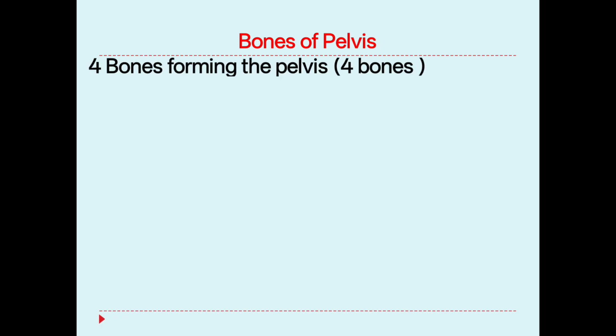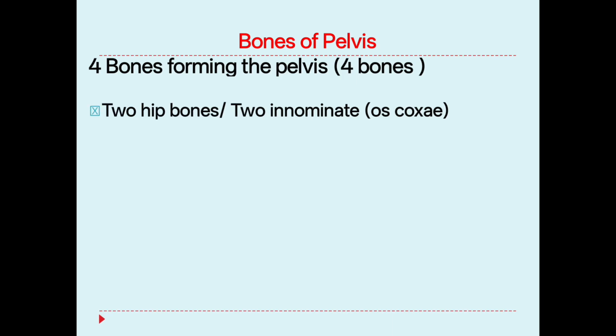Let us move on to the next content, that is bones of the pelvis. Four bones forming the pelvis. First we will learn by words, then we will move on with the picture. Two hip innominate bones are called two hip bones or os coxae.